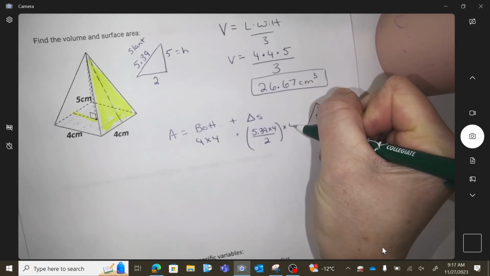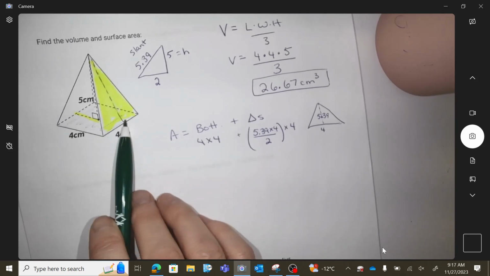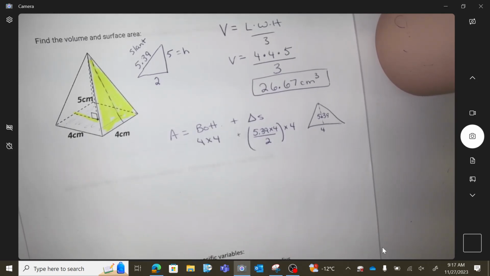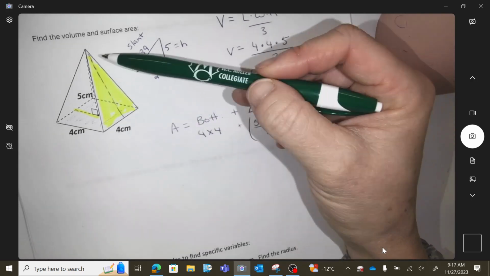That is one triangle. I actually am going to have 4 of those triangles, right? They're all the same triangle, because this is a 4 by 4 bottom, they are all the same. Okay, so now it's just the typing part. But could you see that yellow triangle, right?